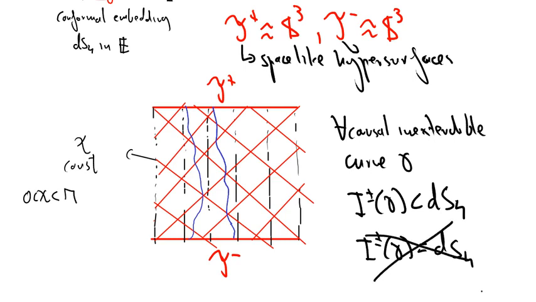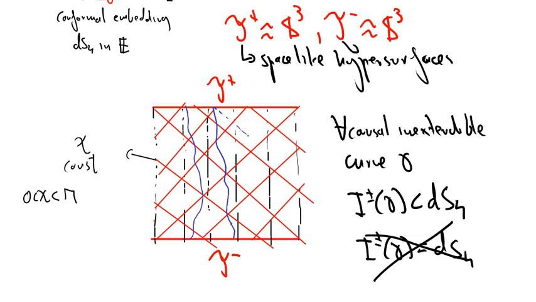So you can, for example, just pick this curve. Then let me just draw its chronological past.